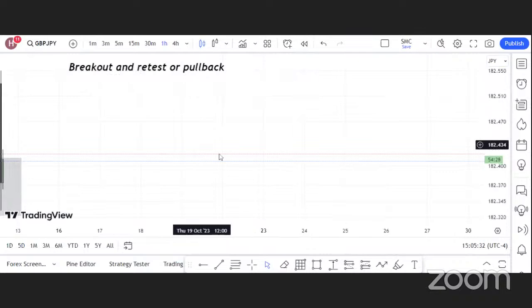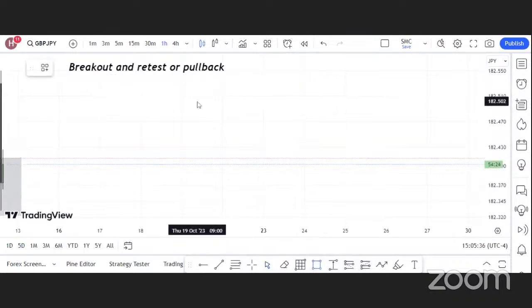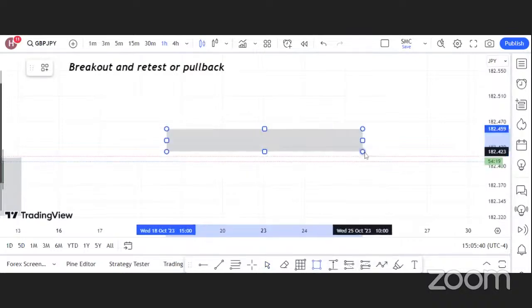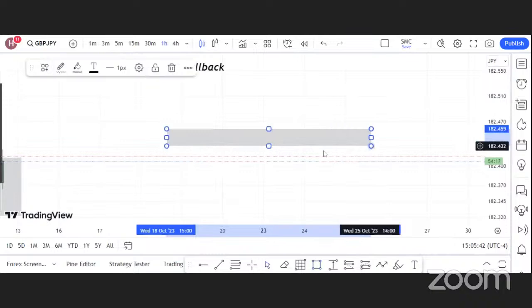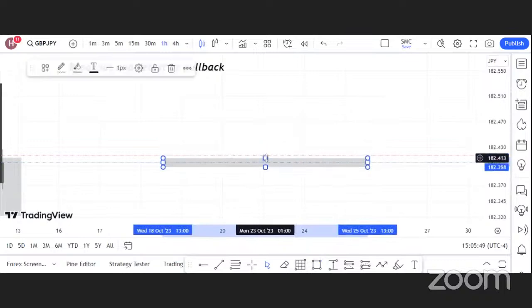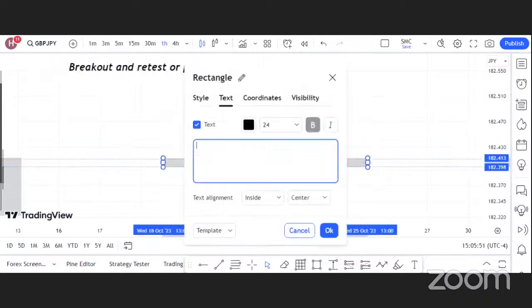So what this means is, let's say we have a support here. Let me label that.